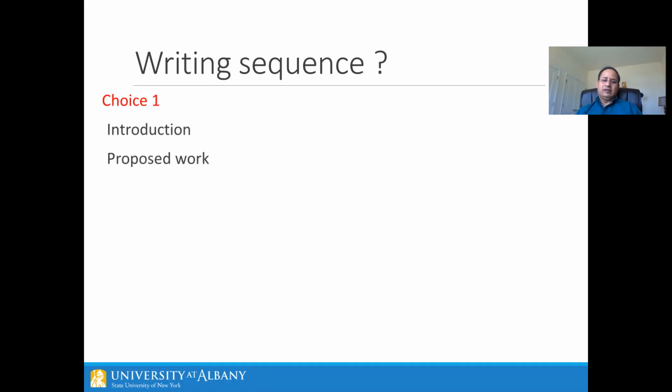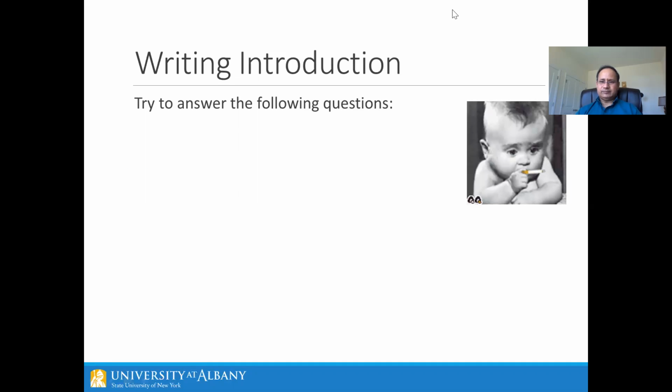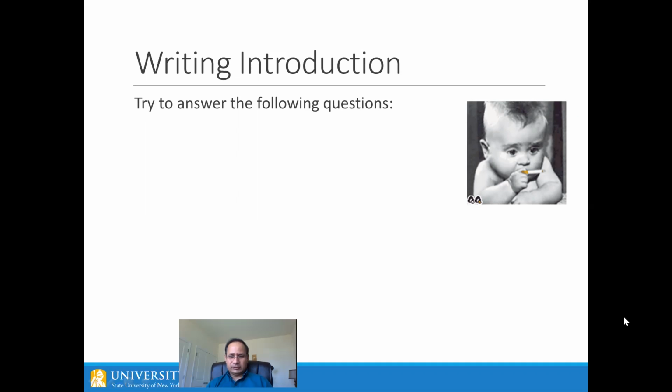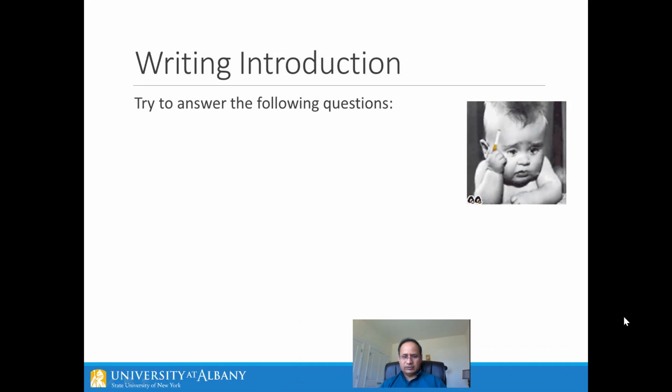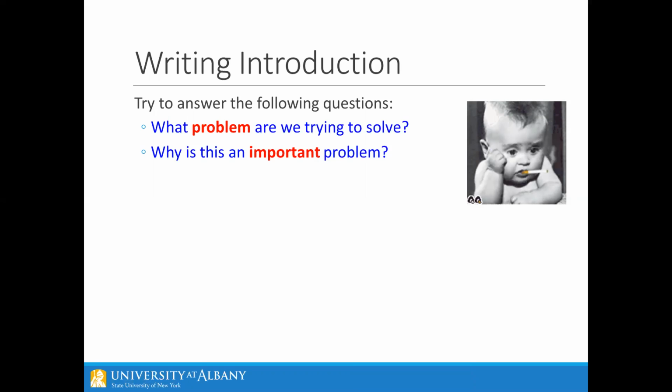references. Now we were talking about how we write these sections, and we talked about that in the introduction we should try to answer the following questions: what problem we are solving, why this is an important problem, and how this is a challenging problem.